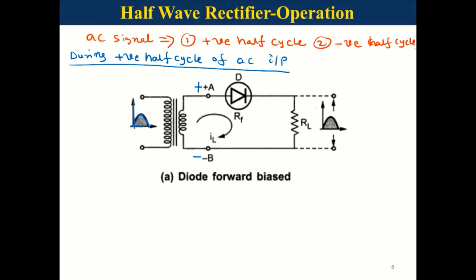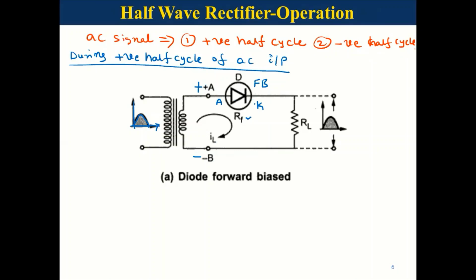During this, upper terminal A is positive and lower terminal B is negative. So the anode is connected to the positive terminal and the cathode is connected to the negative terminal, and this diode is said to be operating in forward bias, and it offers some resistance. That resistance we can represent as RF.